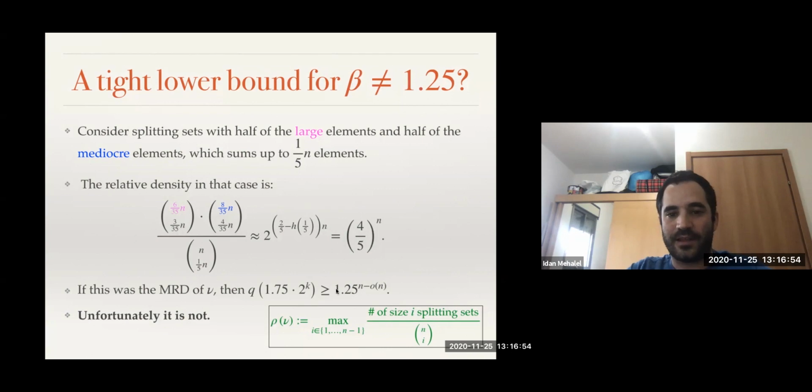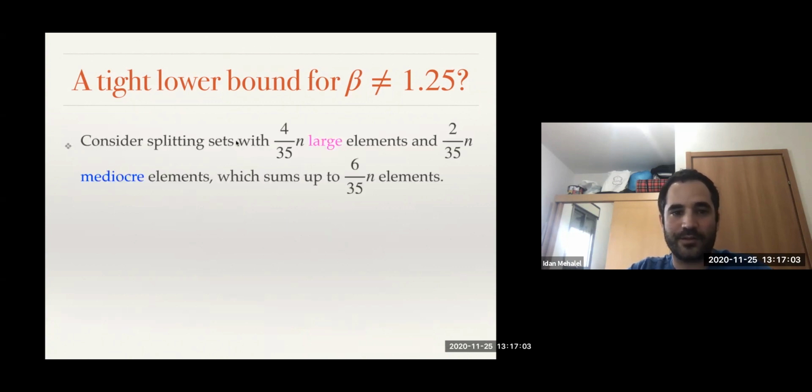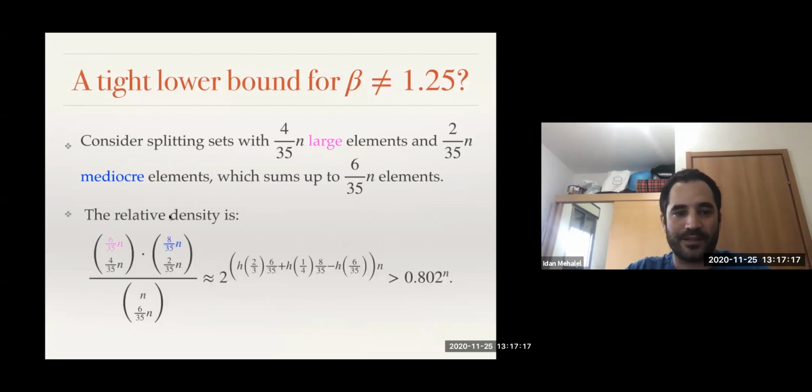We can find a splitting set size that gives a higher relative density, and thus this could not be the MRD. So we can consider splitting sets with 4/35 n large elements and 2/35 n mediocre elements, which sums to a total of 6/35 n elements. So you just trust me that those are really splitting sets.